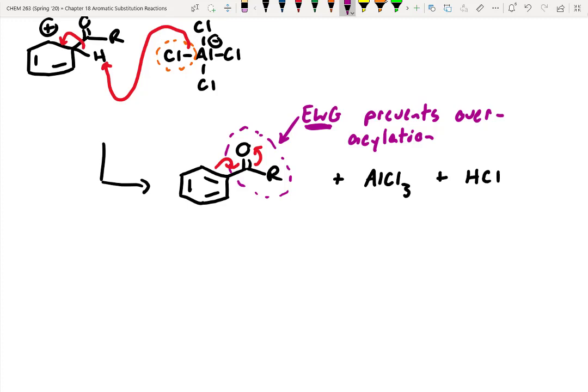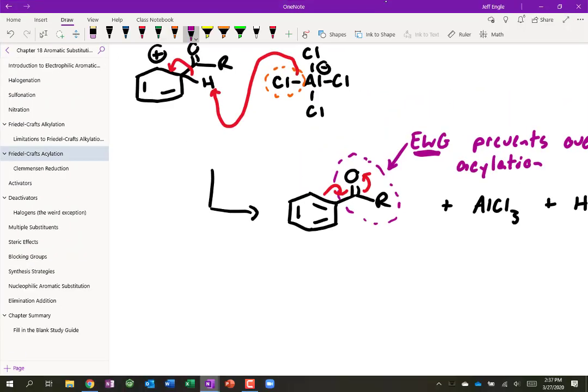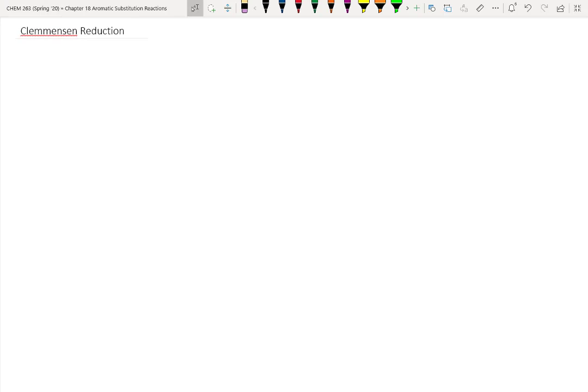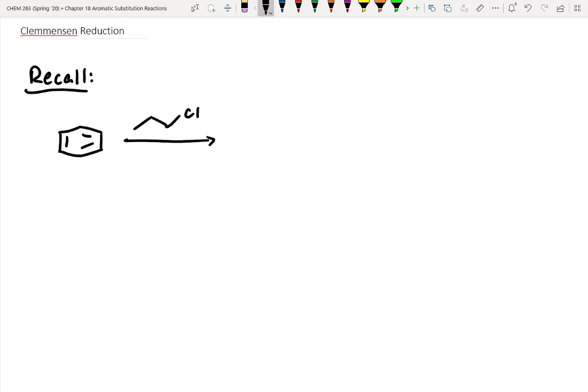All right, I did want to show you one other trick that you can do, specifically after you install your acyl group. And this is called the Clemmensen reduction reaction. And I'll show you how we can get around this pitfall that we saw in the previous video. So in the previous video, I said if you use a reagent like 1-chloropropane and aluminum trichloride, most students are at some point tempted to draw this product.